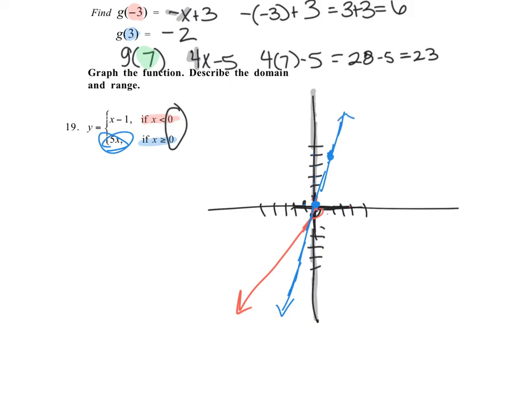So I only want the positive x's, and I will have a closed circle because this is greater than or equal to. And so I'm going to erase this part of it. And then I have to now redraw because I just erased part of my axis. Open circle here, closed circle here.